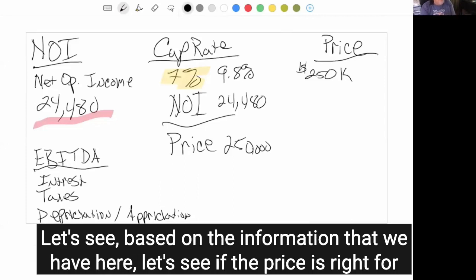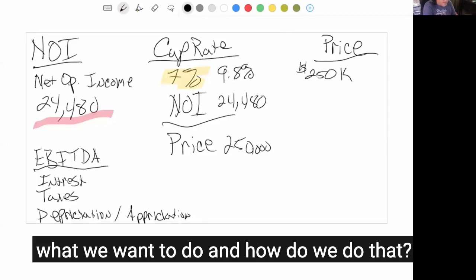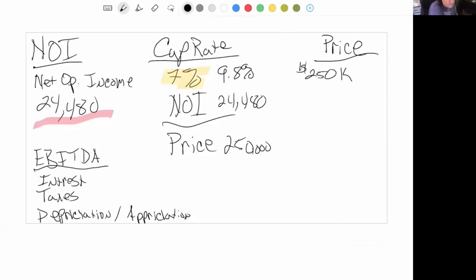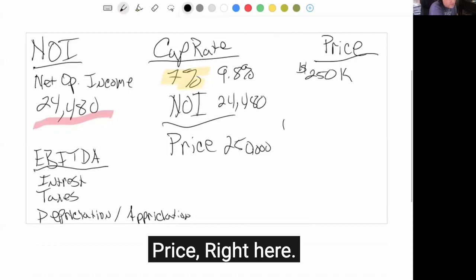Let's see, based on the information that we have here, if the price is right for what we want to do. And how do we do that? So the equation here is this. It's price right here.